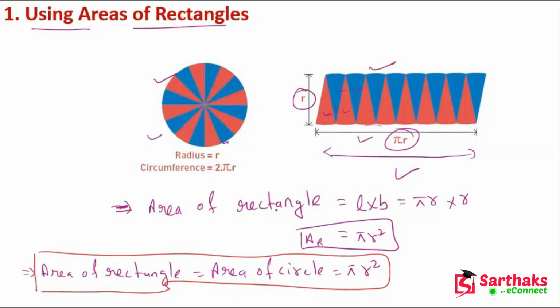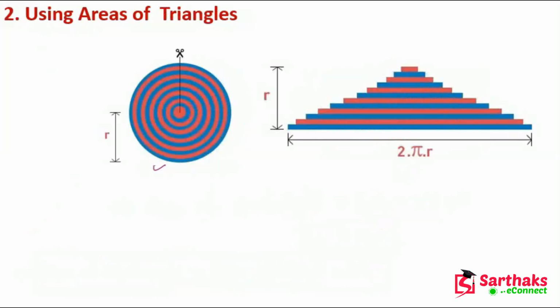My dear friends, I hope you get this point. Now let's move on. The next is using areas of triangles. Now we have a circle like this, a circle with radius r filled with concentric circles.